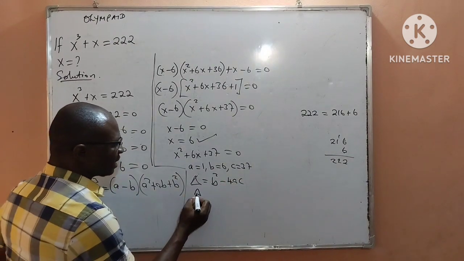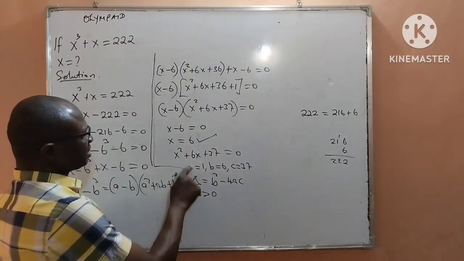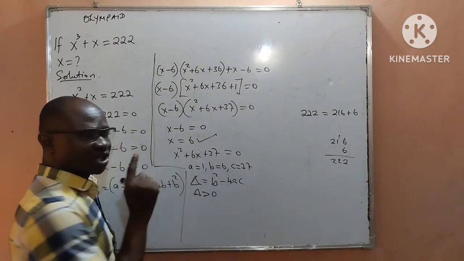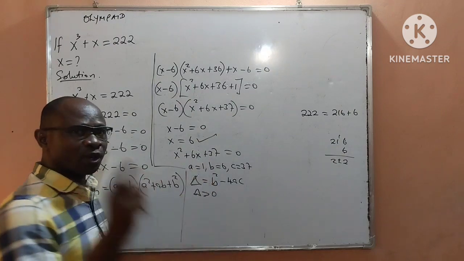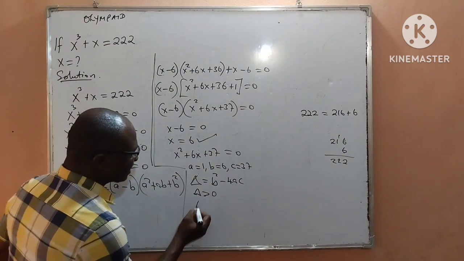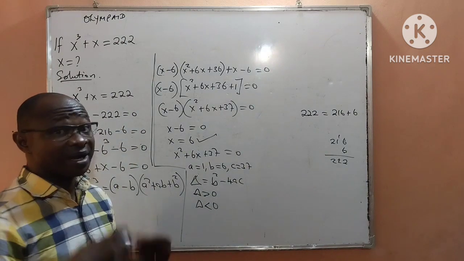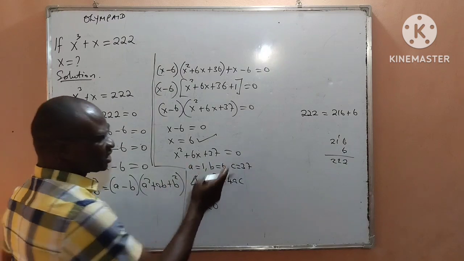If delta is greater than 0, the values of x in this quadratic equation will be real roots. If delta is less than 0, it will be complex. And when it is complex, we reject it.